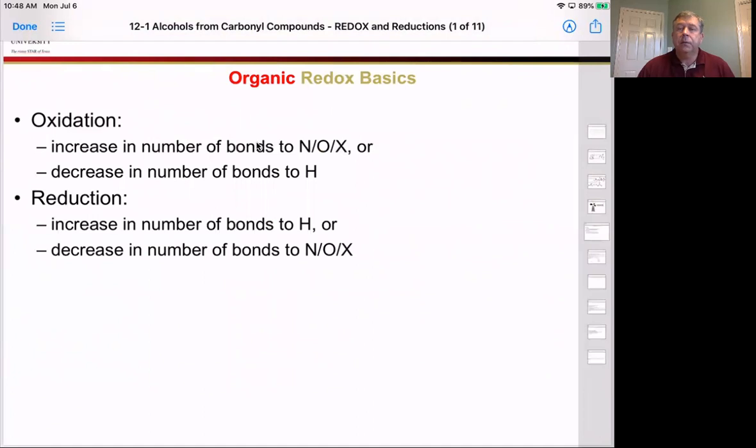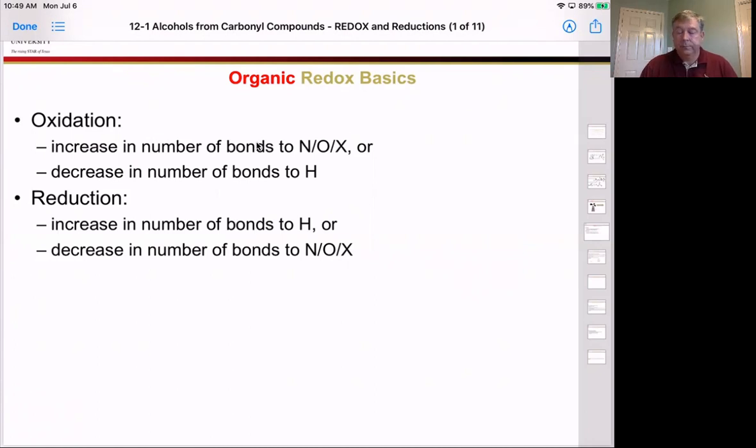In organic chemistry, an increase in the number of bonds to nitrogen, oxygen, or a halogen is oxidation, or a decrease in the number of bonds to hydrogen is oxidation. That means the reduction would be the opposite of that. An increasing number of bonds to hydrogen is a reduction, or a decreasing number of bonds to nitrogen, oxygen, or halogen.